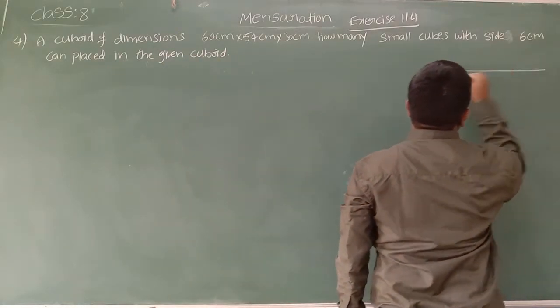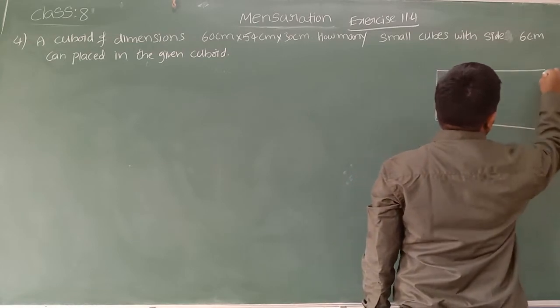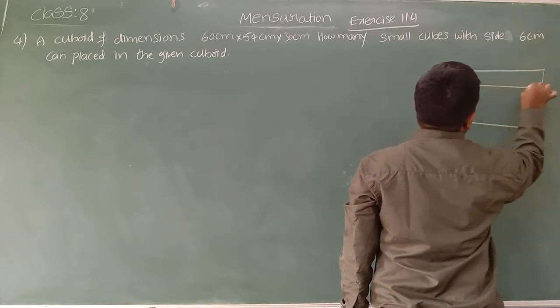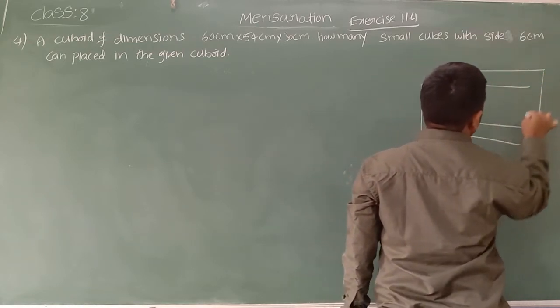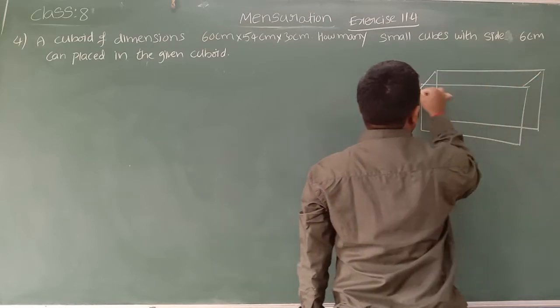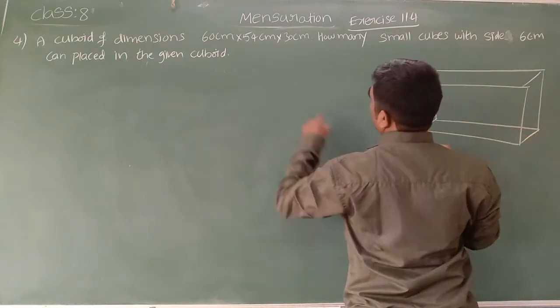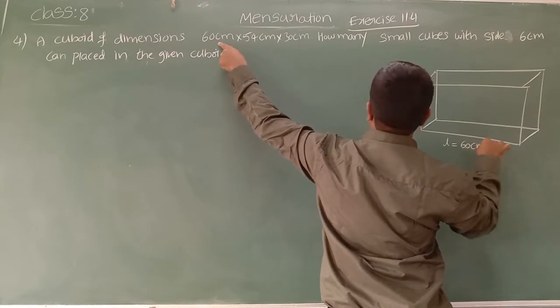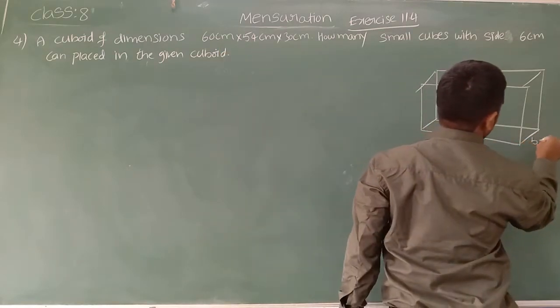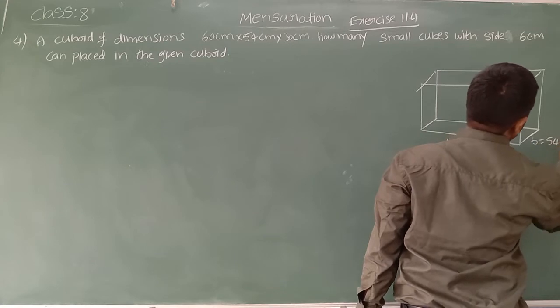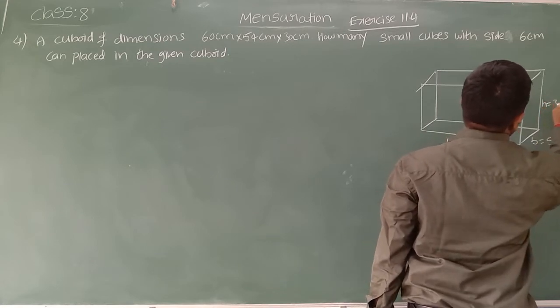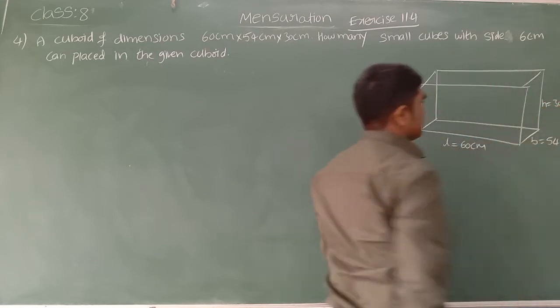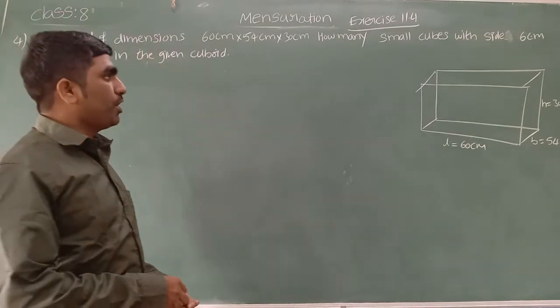Let us draw a cuboid, whose length and breadth are what they gave, beta? Length is 60 centimeters, breadth is equal to 54 centimeters, and height is equal to 30 centimeters.